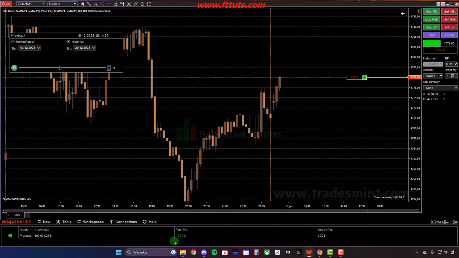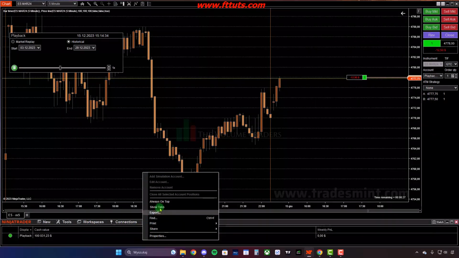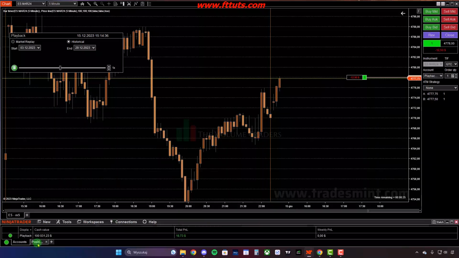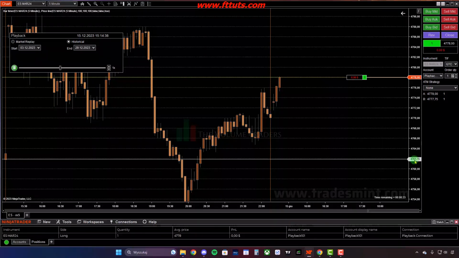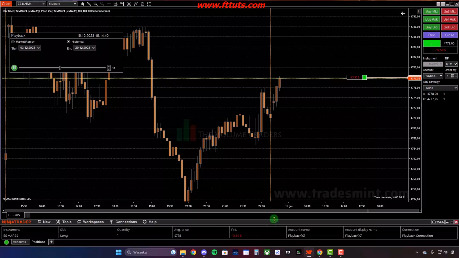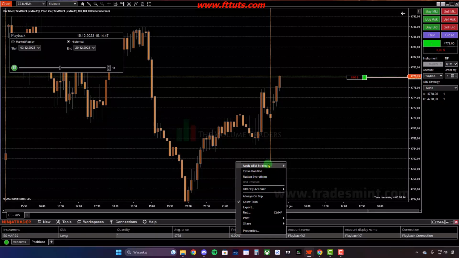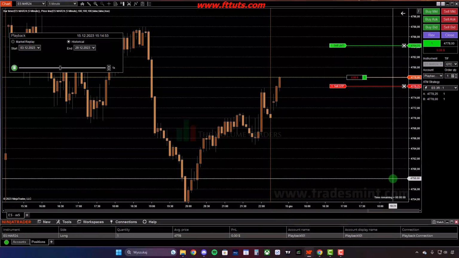The first one is very easy. We need to go to the tabs, to the positions. If this unhappy position is without stop loss and take profit, just click on this position, right click, and apply the ATM strategy, if you have strategies, of course. And then everything is back to normal.